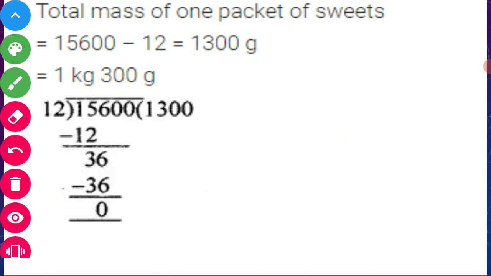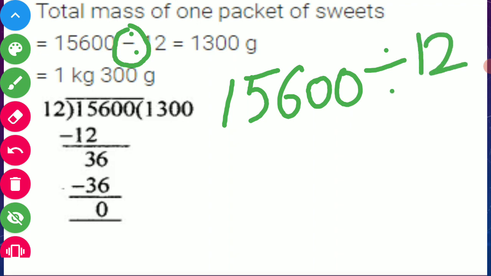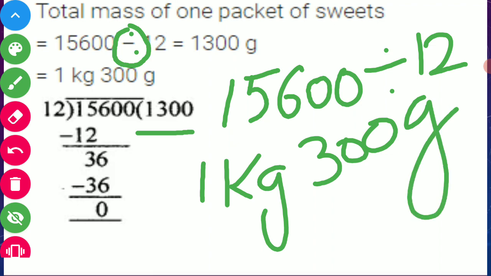Here the symbol given looks like subtraction, but it will be a symbol of division. So 15,600 will be divided by 12 packets. Let's perform the division. When you divide it, you will get 1300 grams, which means 1 kg and 300 grams is the mass of each packet of sweets.